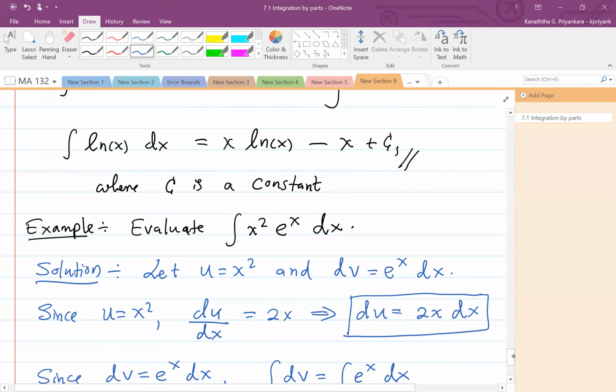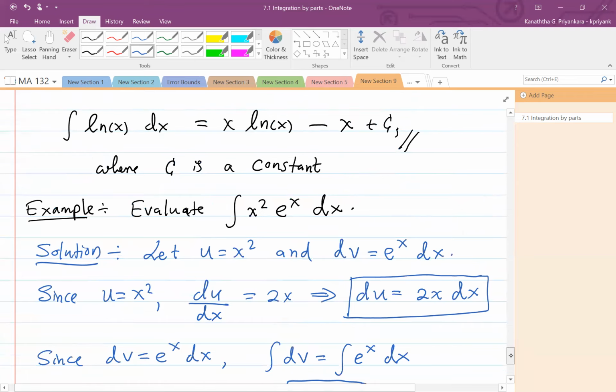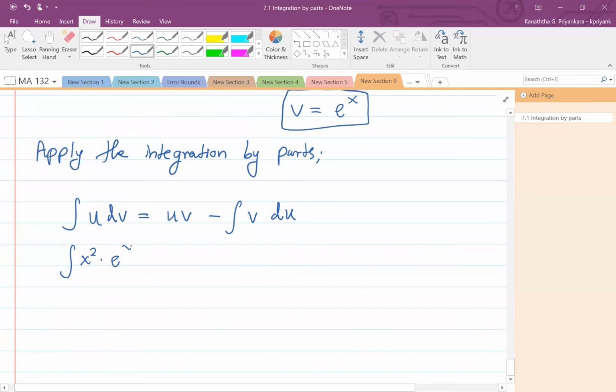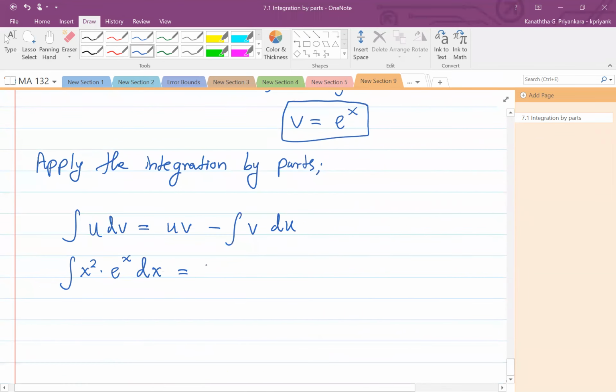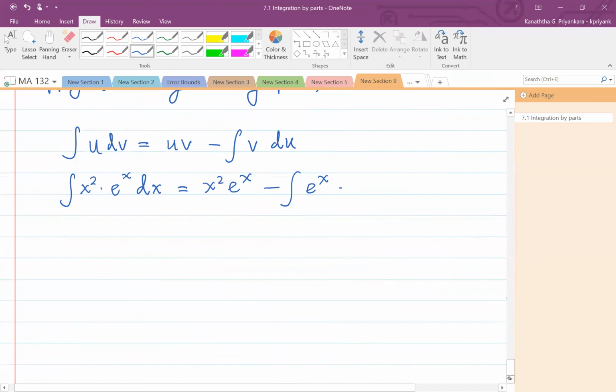So in this problem, we choose u equals x squared, so we have integral x squared, and dv is e to the power x dx. u equals x squared, and v is e to the power x, minus integral v, which is e to the power x, times du. Du is 2x dx.